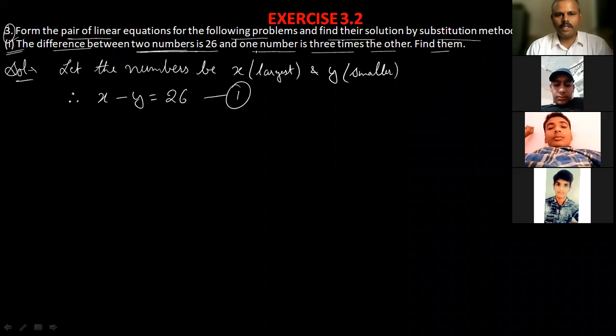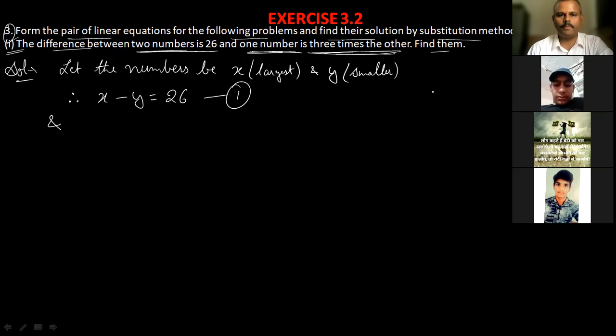Then the second part says one number is 3 times the other. One number is 3 times the other, it is triple the other number. So what will be that second condition then? How are you going to represent this?